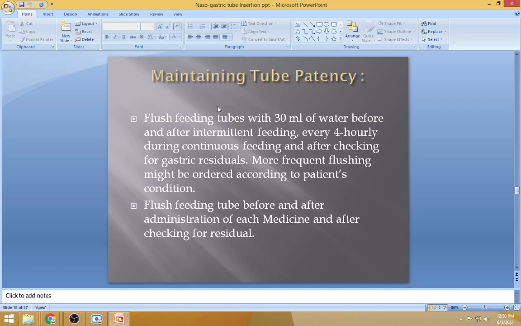At that time, before and after, we have to flush. Or during continuous feed with a syringe pump, the way we give an injection continuously with a pump. Sometimes feeding is also done like that. Then every 4 hourly we have to flush the feeding tube.